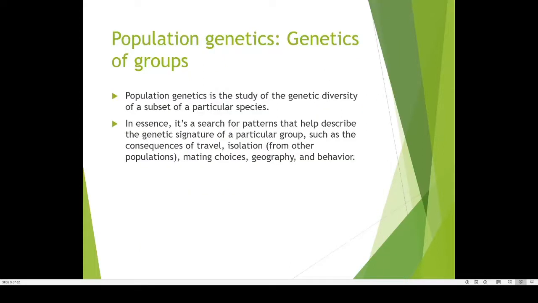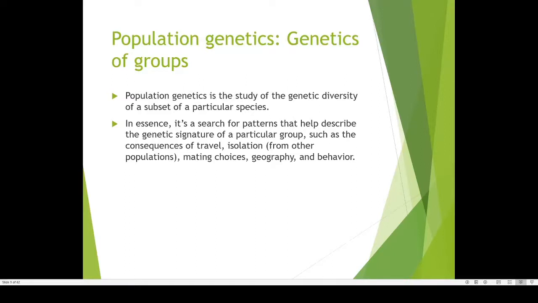Let's go back here. Genetic diversity of a subset of a particular species. Let's just focus on the Philippines. We are a very diverse country. We have a lot of islands, and we can somehow easily differentiate people from Luzon, people from Mindanao, and people from Visayas, depending on how they look, how they walk, how they eat, right?